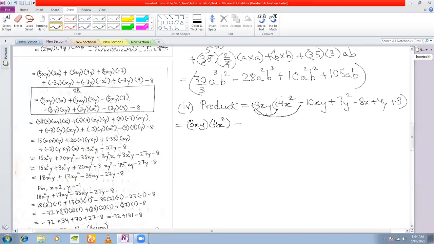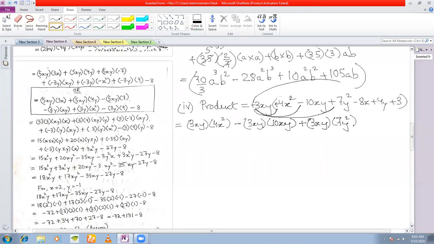So plus and minus combined give you a minus, 3xy into 10xy. Next, you have a plus and a plus, which combine to give a plus, 3xy into 7y square.